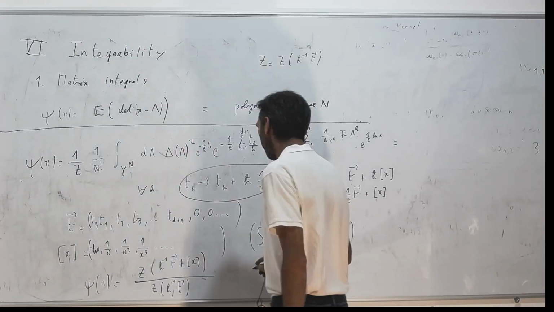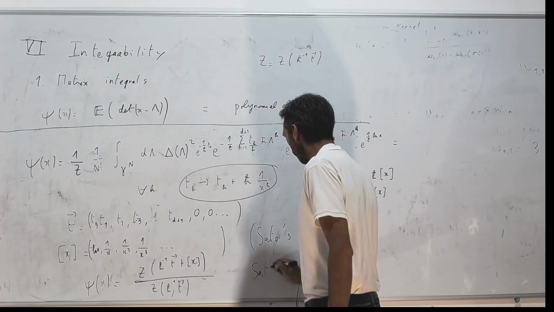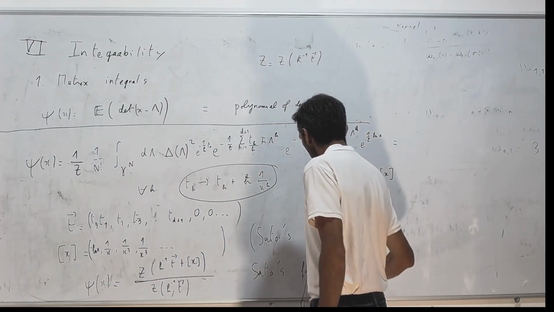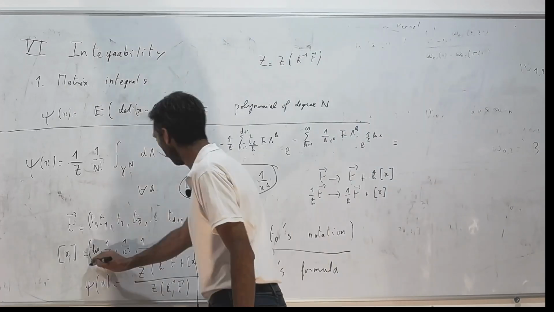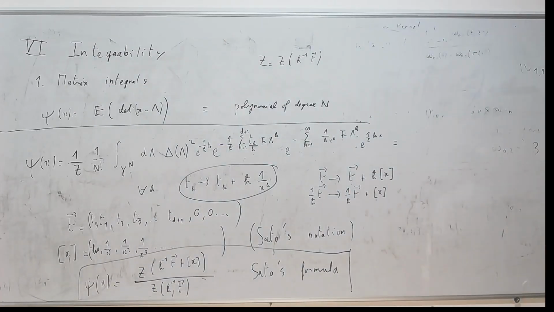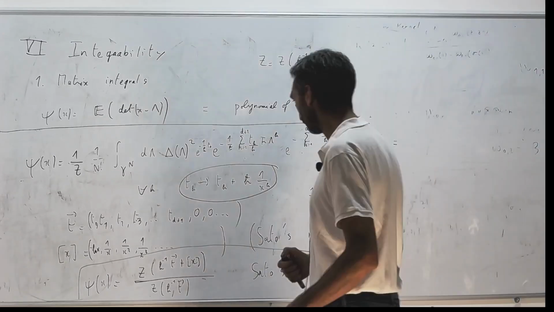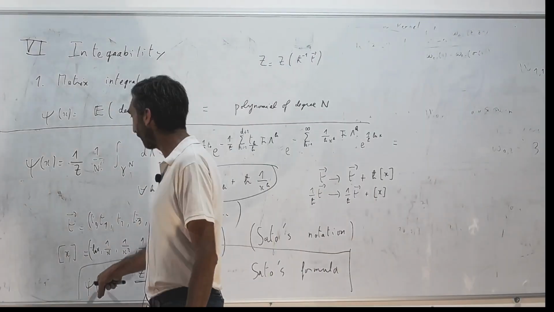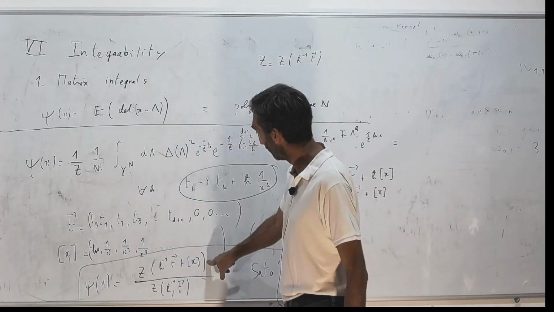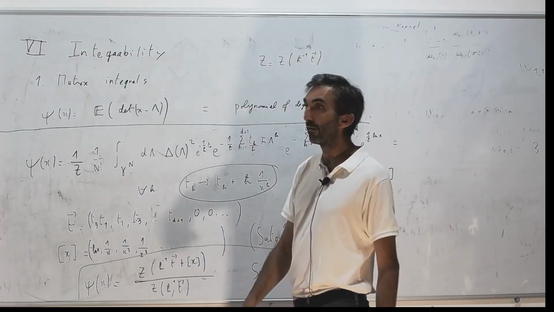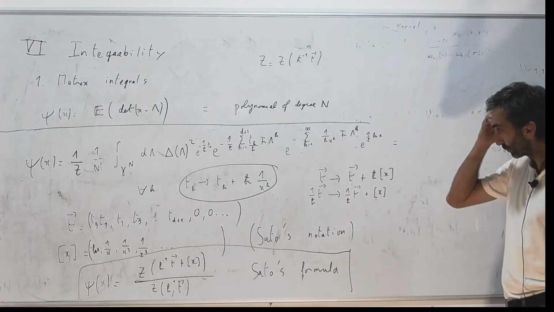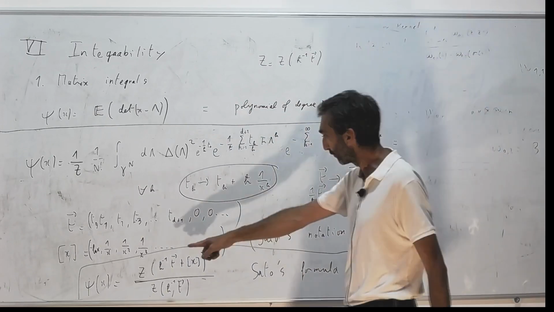And this is Sato's formula, very famous in integrable systems. Sato's formula says that the wave function, which will be called the Baker-Akhiezer function in integrable systems, is the shifted partition function divided by the partition function. Or in other words, a wave function can just be thought of as a partition function, but with shifted times.